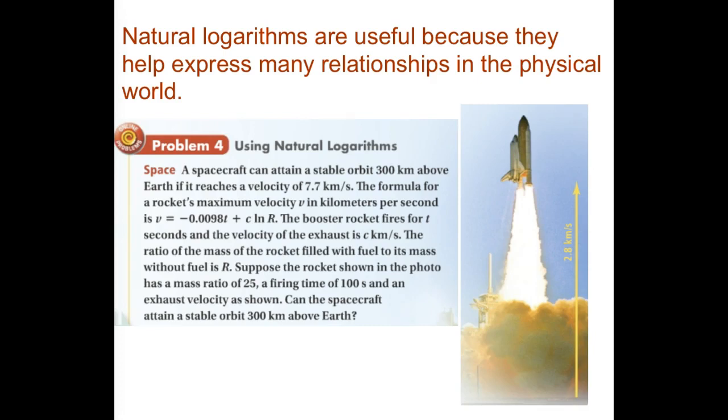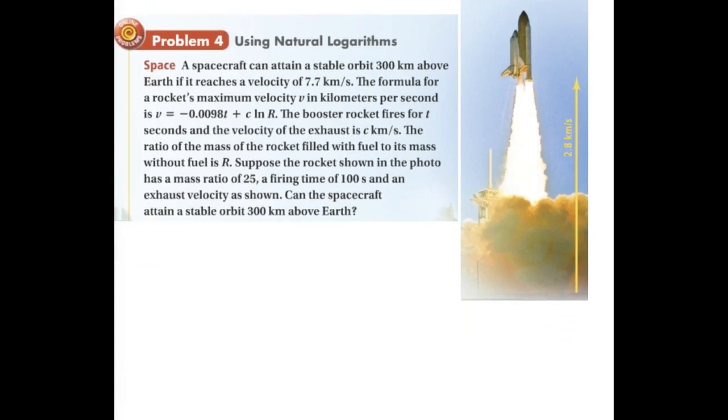It says natural logarithms are useful because they help express many relationships in the physical world. Our first example, it says we have a spacecraft that can attain a stable orbit 300 kilometers above Earth if it can reach a velocity of 7.7 kilometers per second. The formula for the rocket's maximum velocity in kilometers per second is v equals negative 0.0098 t plus c times the natural log of r.